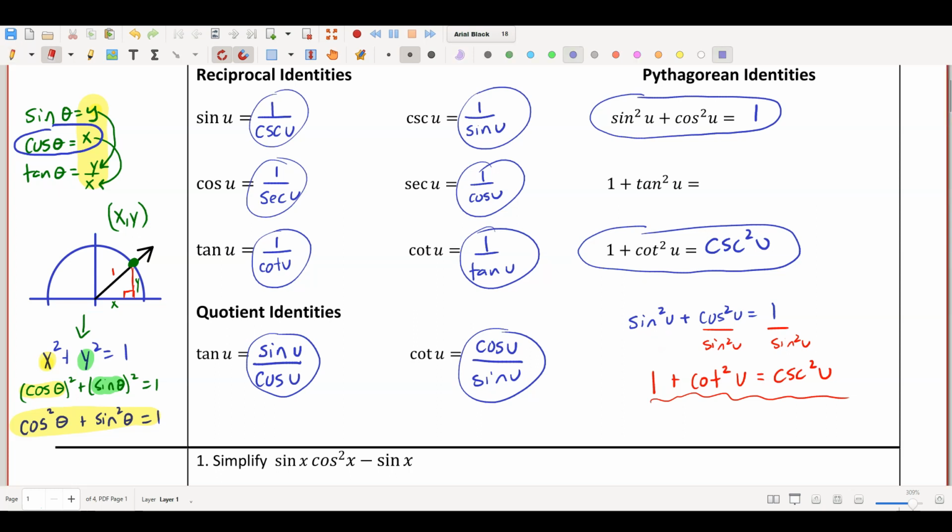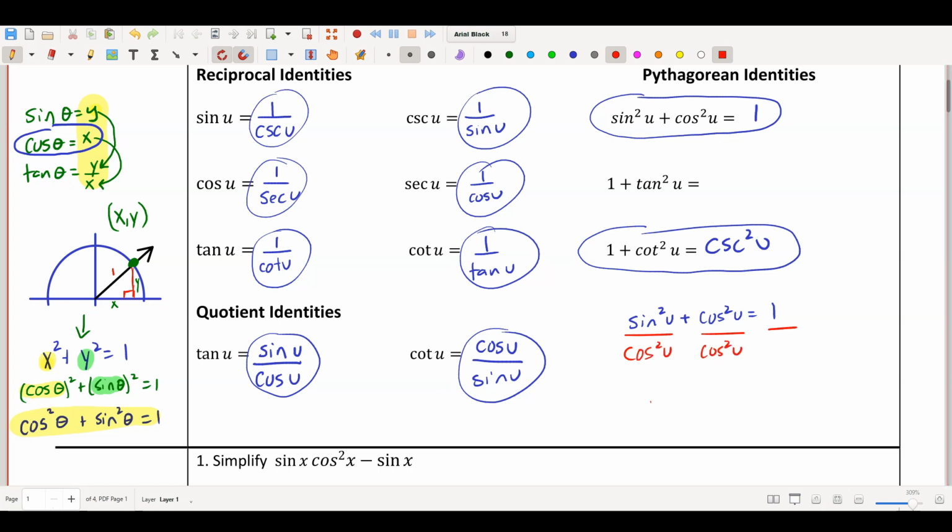Now, if I take the same thing, and you might know what I'm going to do here, let's shake this up again. Let's take the original identity and divide everything by cosine squared u. Well, then if we rewrite that, we would get sine squared over cosine squared, which is tangent squared u.